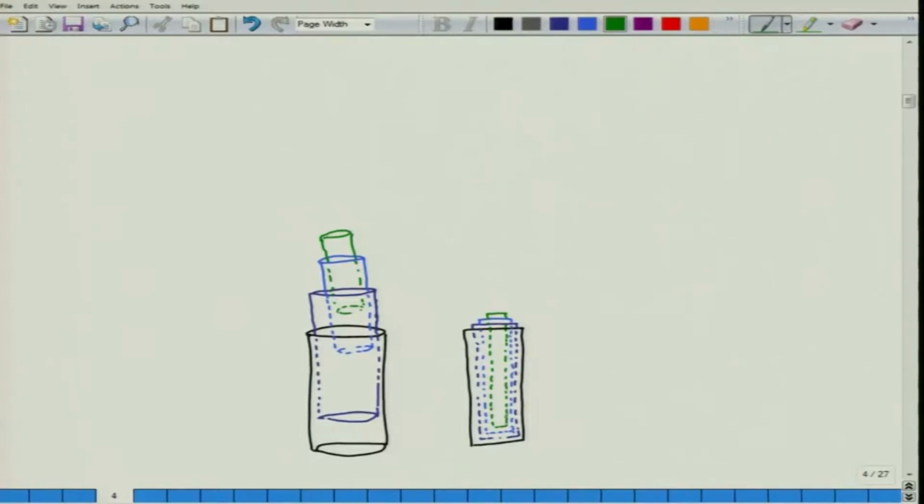When you have kept all these four portions, say 1, 2, 3 and 4, together, they occupy a very small length, let us call it a length L1. But when you extend all these tubes, you will get something like this.